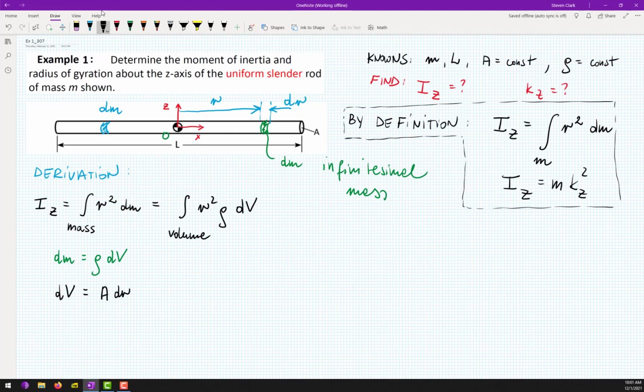A is constant and rho is constant, so we can plug it here. So it would be rho A r squared dr, and that would be along the length. This is constant, right? They told us, if you look at the top right corner, you can see that A times rho is constant. So we can put it here in front of our integral.